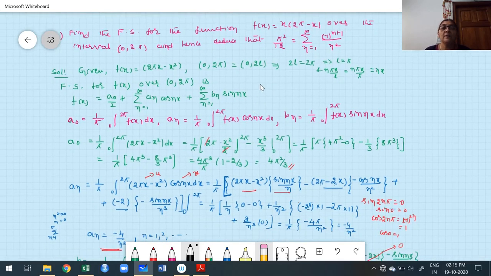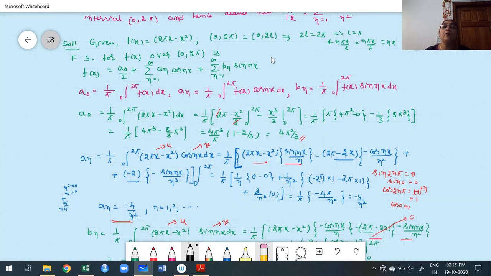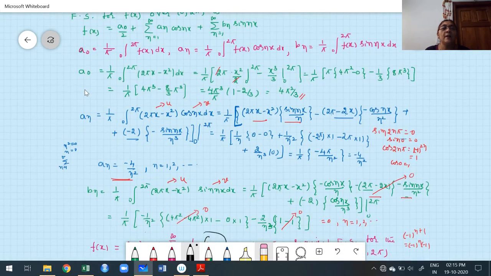In the first case, we can't go for even or odd. Directly, I have to take the value of L. How to take the value? Compare the upper limit of the given interval to the upper limit of the first case. 2L is equal to 2 pi, we get L equals pi. Then you find out A0, An and Bn.